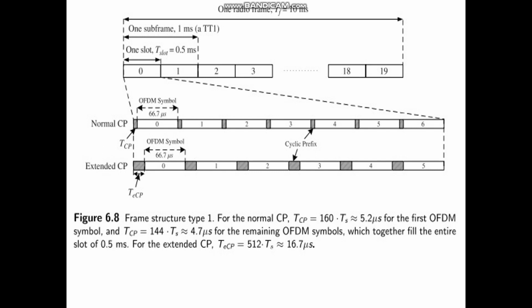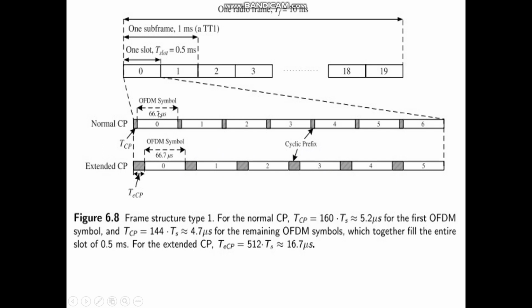So as to avoid that ISI, we use extended cyclic prefix with higher duration. In extended cyclic prefix, OFDM symbol timing will be the same, but the number of symbols here is only 6 because the size of the cyclic prefix has increased.